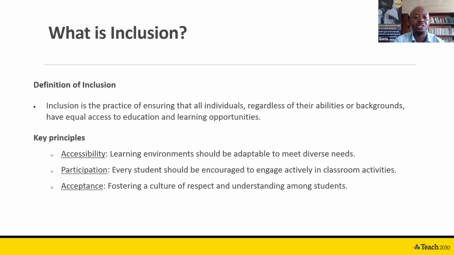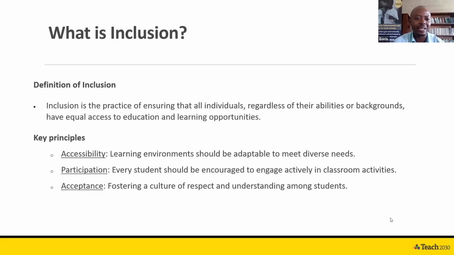Every student should be encouraged to engage actively in classroom activity. No student should be left out. You shouldn't have a group of students where you say, oh, these are my bright students, and every time you go to class, you function only with those bright students and leave the slow learners on their own. No, we are saying that equal opportunity for classroom engagement should be ensured for participation.